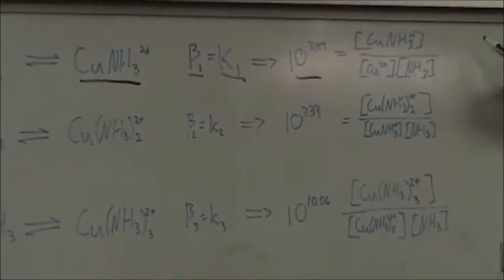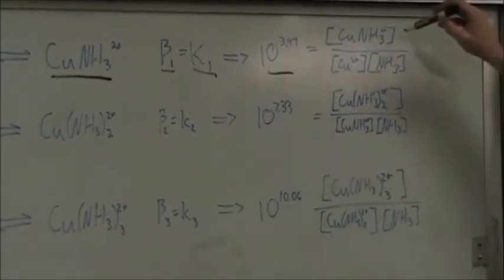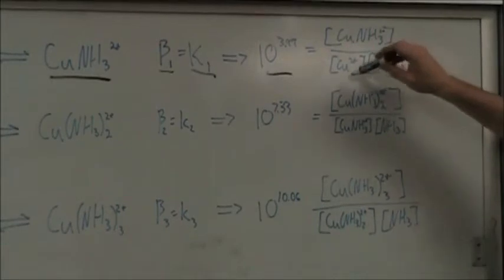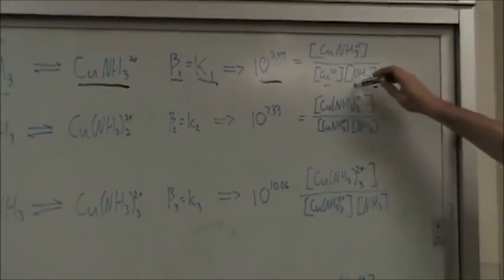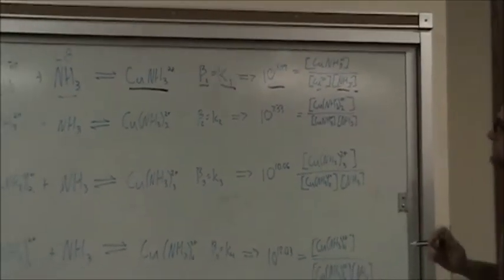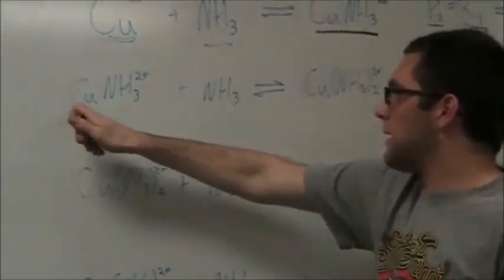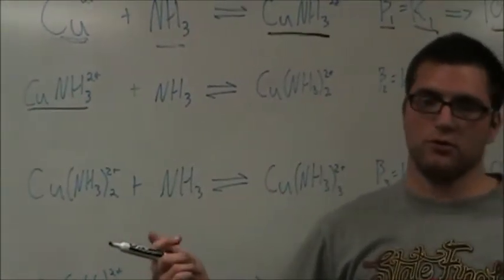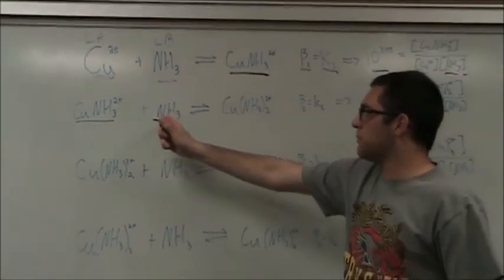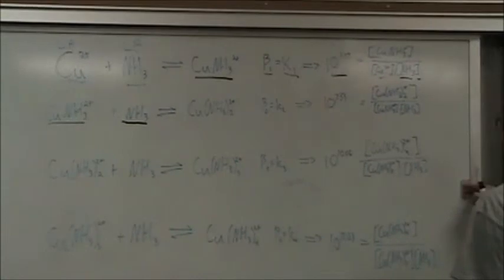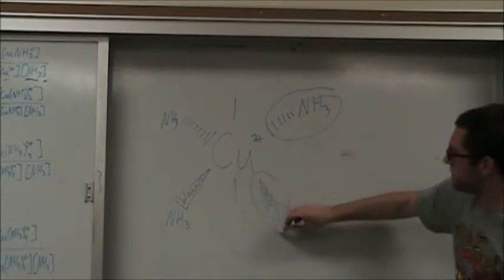and that's going to equal your solubility, your KSP equation, which is, as always, product, copper ammonia, over the concentration of copper times the concentration of ammonia. The next step is we have a copper ammonia ion, so in the solution you already have your copper ammonia 1, and then copper ammonia 1 is going to bind to another ammonia, like in the diagram, next step would be going to this one.